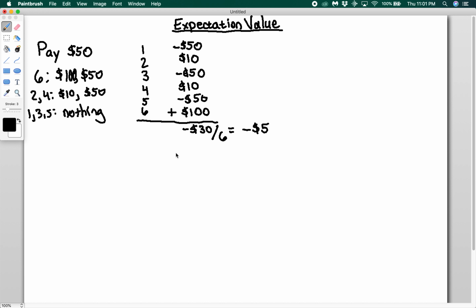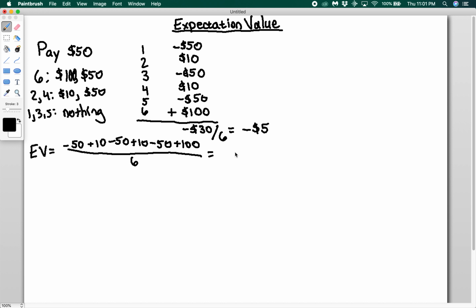But to get a more empirical way of writing this, let's look at what exactly we did and rearrange a little bit. So I said that the EV, or the expected value, is negative 50, and all this is dollars. I'm just going to drop that sign though. Plus 10 minus 50, plus 10 minus 50, plus 100, and we divided that by 6, right? We divided by the total number.